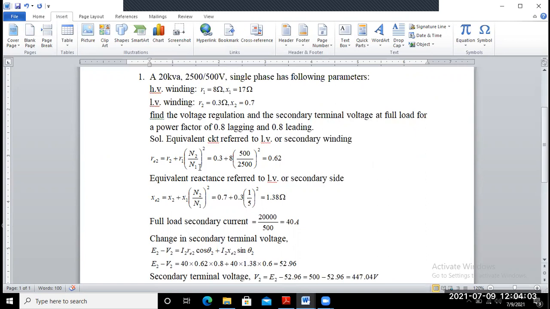That means Re2 is given in per unit and Xe2 is given in per unit. For that type of problem, you directly use the voltage regulation for per unit, that means epsilon r cos theta 2 plus epsilon x sin theta 2. You may find various types of problems, so you practice some problems based on this voltage regulation.